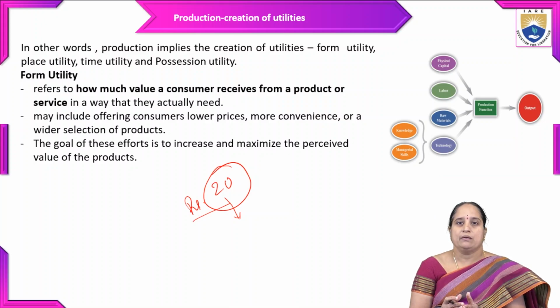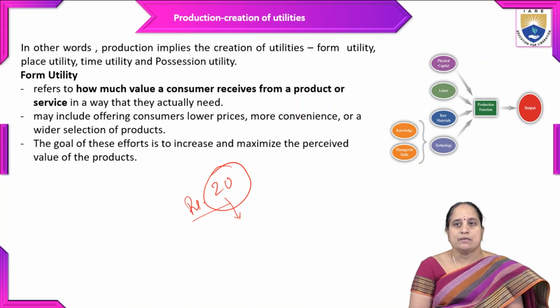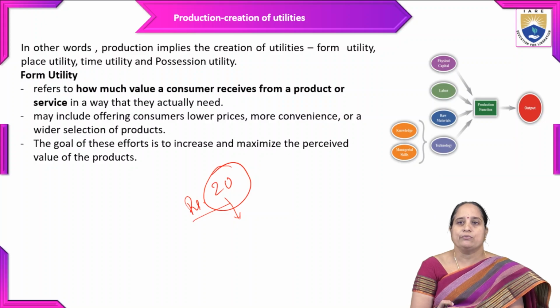Even there may be a lot of choices available to the consumer. Based on that, they select the one which is most feasible. So the goal of these efforts is to increase and maximize the perceived value of the product.